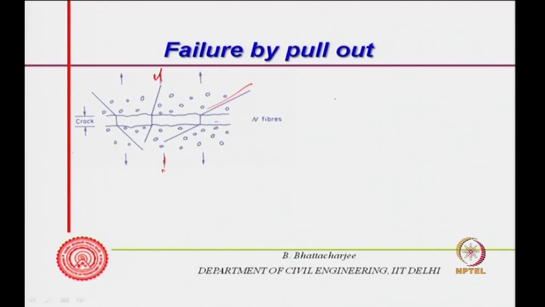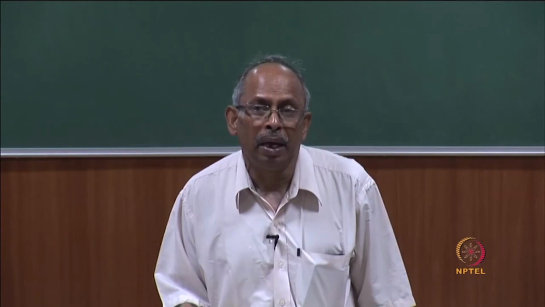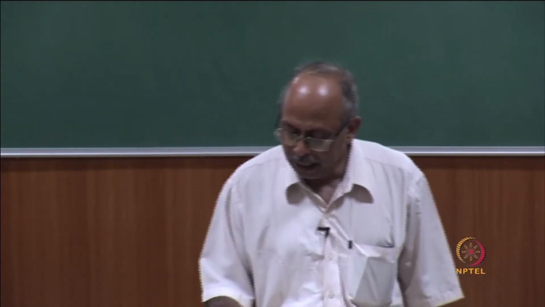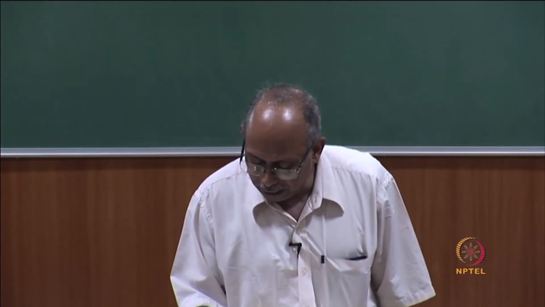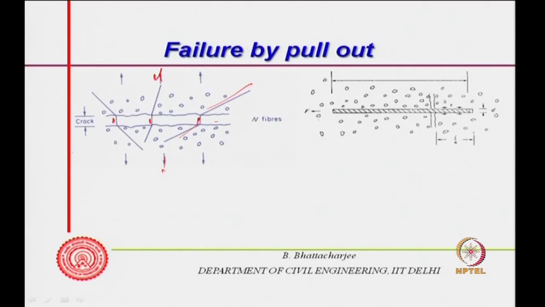For 1D it is b f by pi r square, for 2D it is 2 by pi b f by pi r square, and for 3D random it is 1/2 b f by pi r square. So, these are the number of fibers, and actually they will tend to align along the direction of the pull, but then gradually get pulled out.